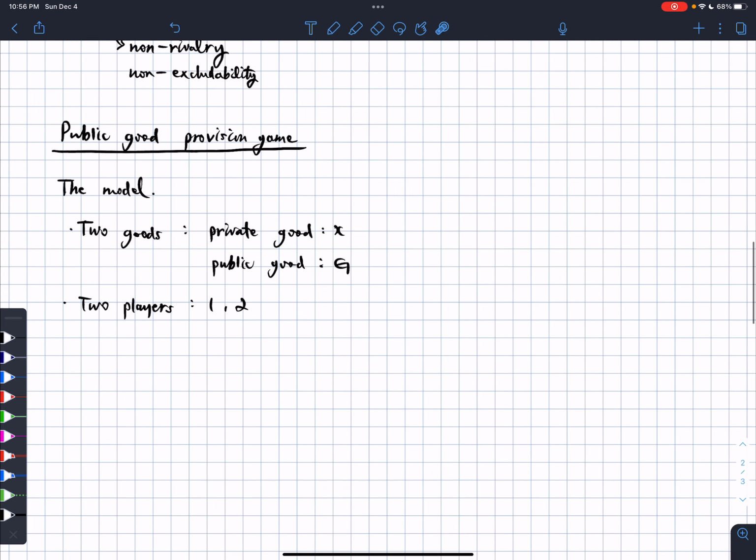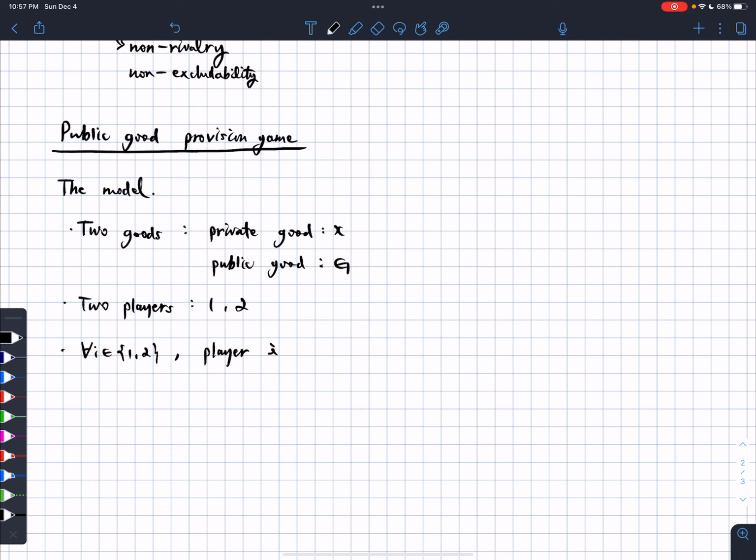Okay, and these two players have some amount of money which we call the wealth, and the wealth can be spent on one of these two goods. So take any player i.